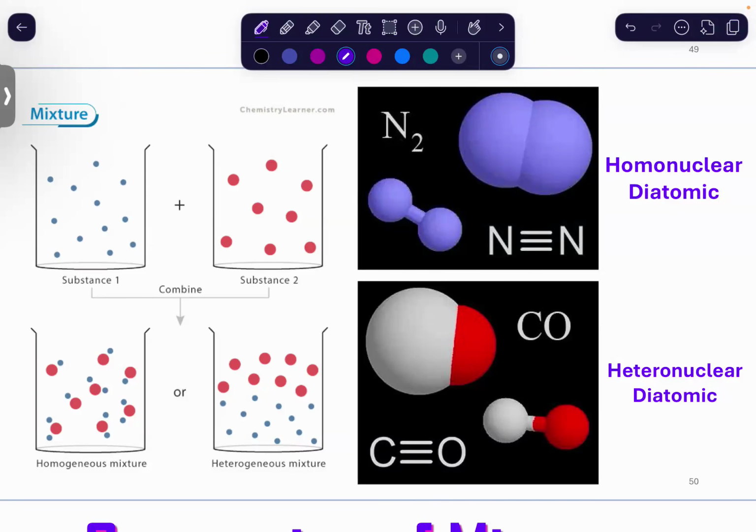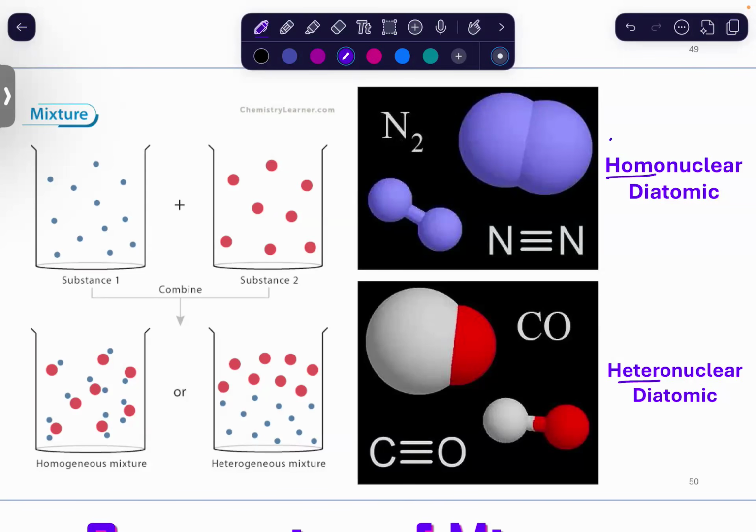Now, I wanted to talk about these prefixes for a minute. Homo and hetero. Homo is the Greek prefix for same, hetero is the Greek prefix for different. And so you're also going to have homonuclear molecules and heteronuclear molecules. So let's take that apart.